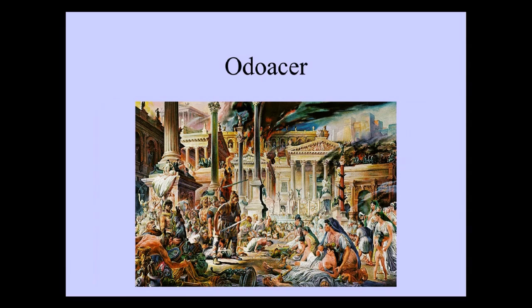Odoacer, this is a nice image of his taking of Rome in 476. You can see what this image is trying to show us. On the right side you can see the angelic or civilized Romans, mostly women and children, looking devastated, not sure what to do.